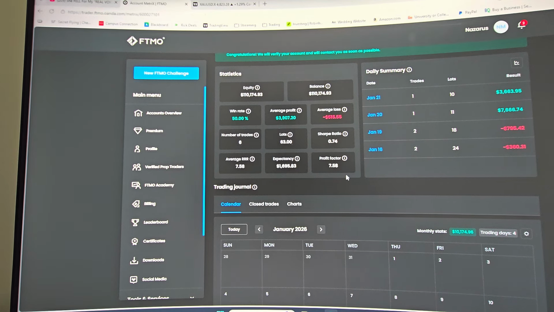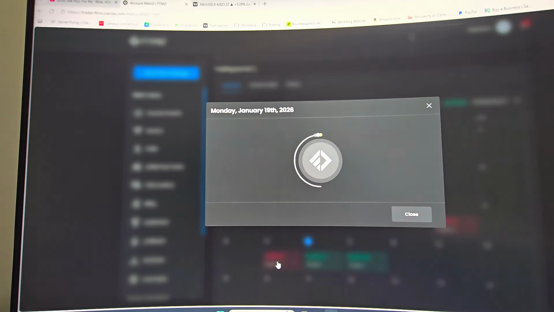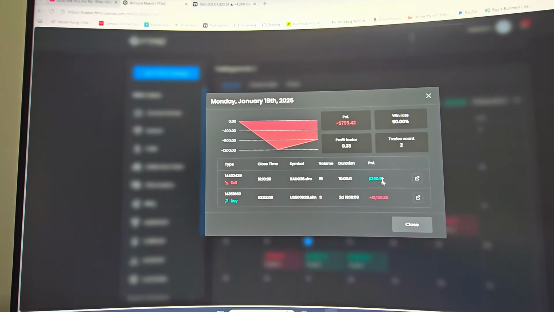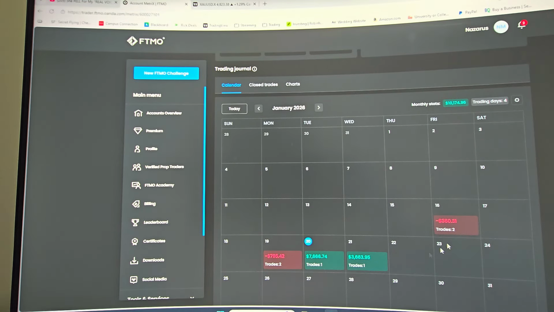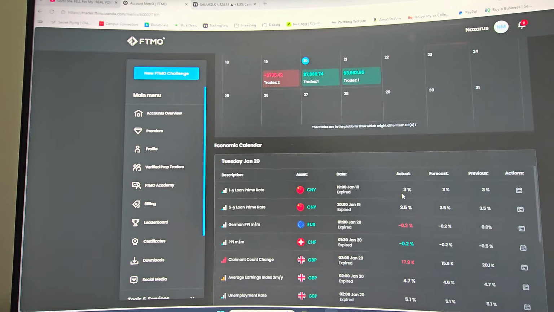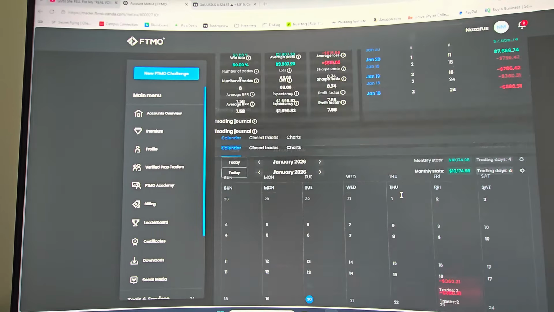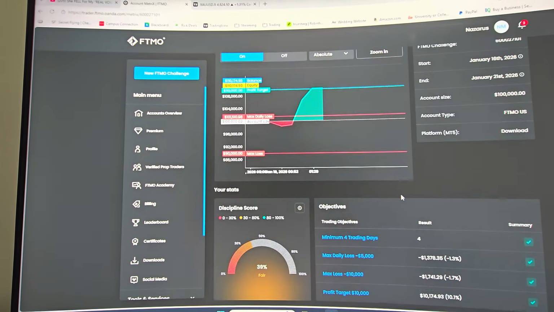And our profit factor of 7.5. On the 19th was when we had our second winning trade. So 6 trades, 3 wins, 3 losses, and in 4 trading days we've achieved the goal. So this is good. I'm pretty happy with how I've done this challenge.